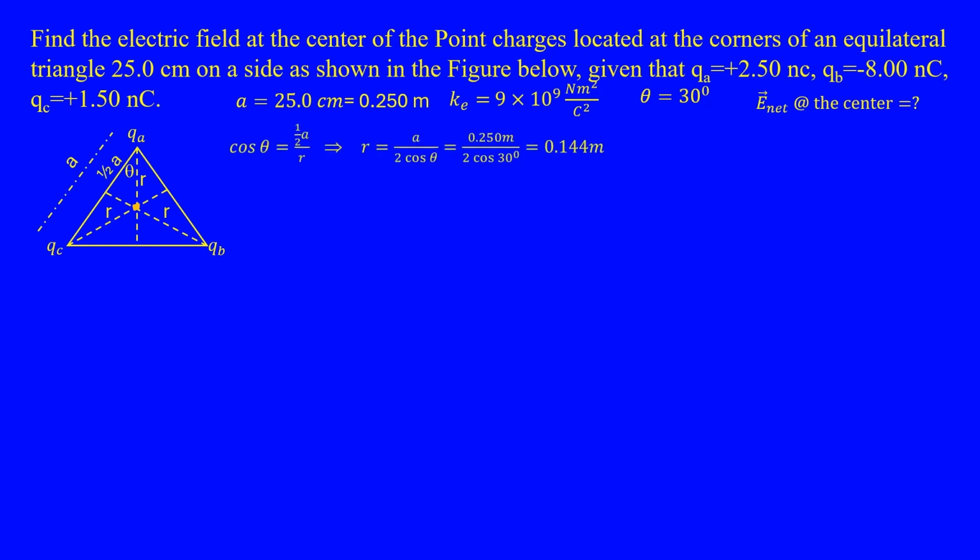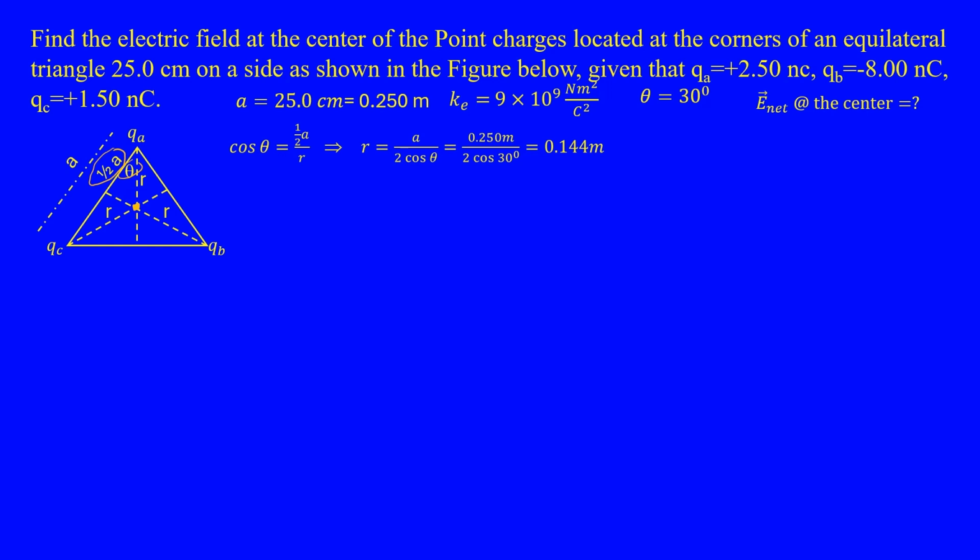Now, what is the side of the small triangle? The side of the small triangle is half of the length, because the perpendicular bisector bisects the side. So each side will have half of the length of the equilateral triangle. So now that we know the adjacent and the angle, we can tell R. We know that cosine of theta is equal to adjacent over hypotenuse.